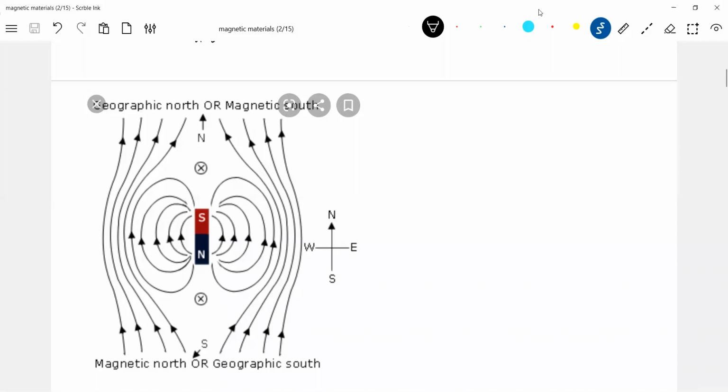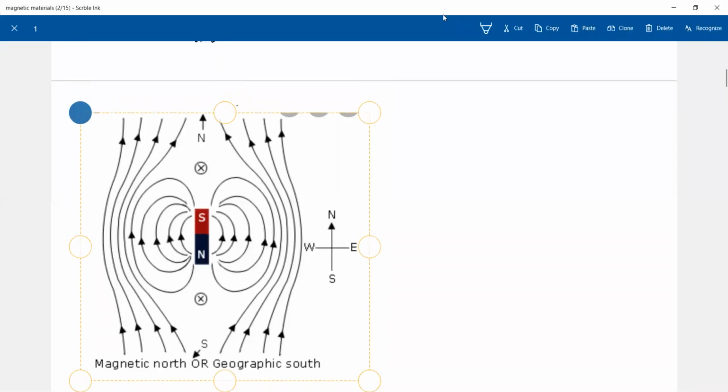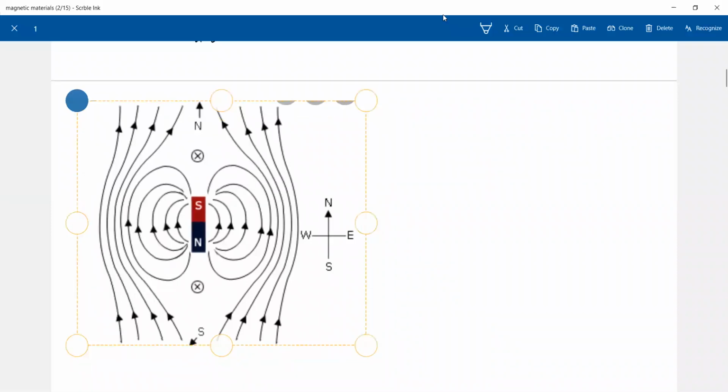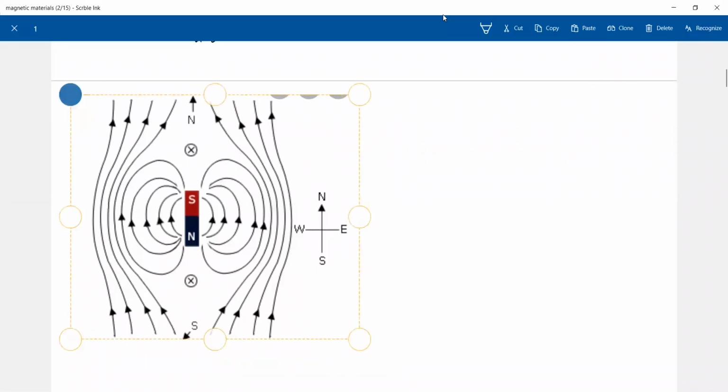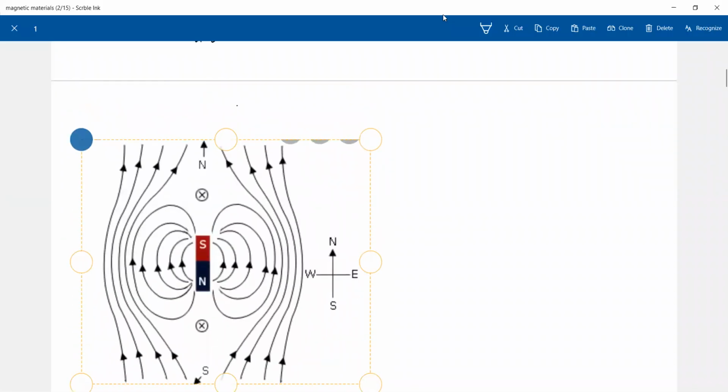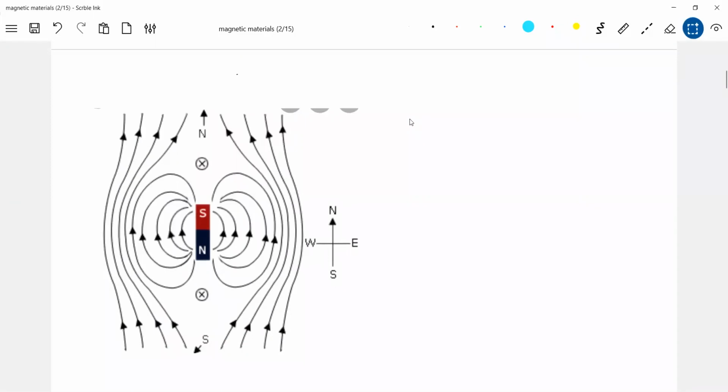There is some naming problem here, I'll erase that. We'll write our own. Now there's a geographic north, spelling N and S. So the upper part is the geographic north.